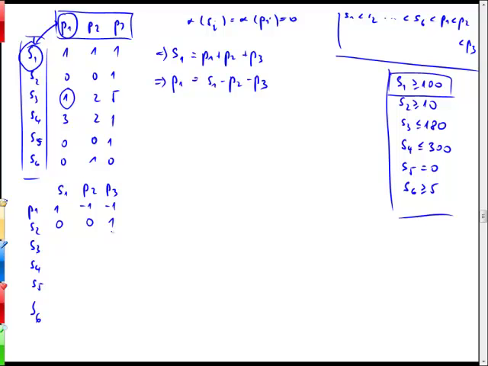S2 is still P3. But now in the third row, S3 equals P1 plus 2P2 plus 5P3. And now in the next tableau, P1 is not in the column anymore, but in the row. So now I have to express it by S1. I take this equation here, S1 minus P2 minus P3 plus the rest.